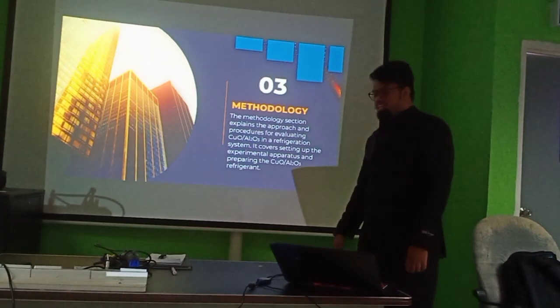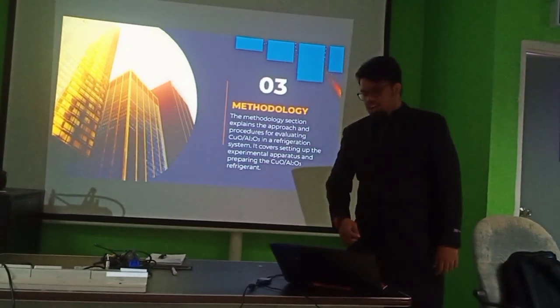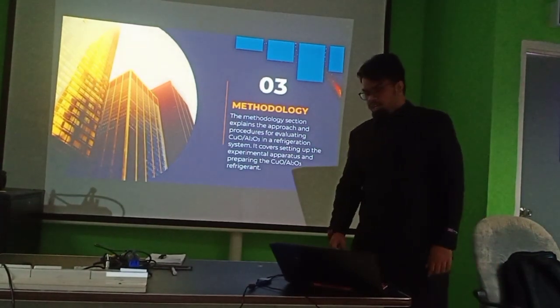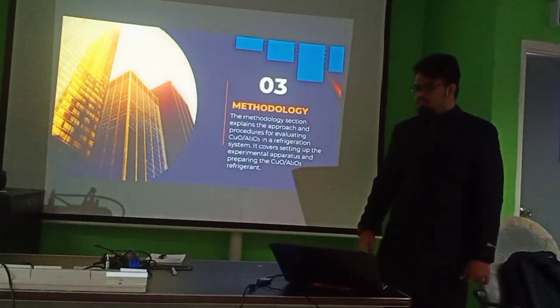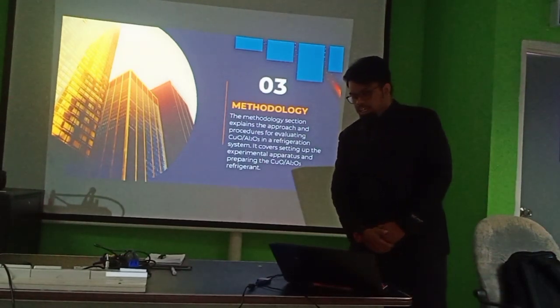Okay, now chapter 3, methodology. The methodology section in this study outlines the specific approach and procedures employed to carry out the experiment that evaluates the performance of copper oxide and aluminum oxide in a refrigeration system.